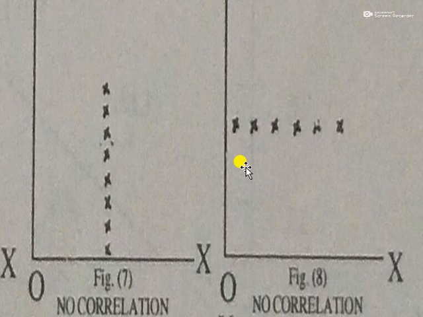Here the points are lying on a line parallel to x-axis. This means y remains constant at different values of x. At different values of x, y remains constant. And this is a case of zero correlation.